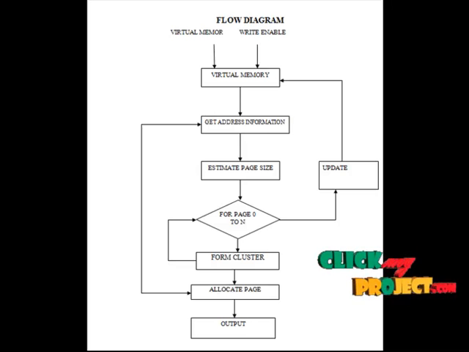Then according to the virtual addresses, it checks the virtual memories and updates for each and every instruction data. The updated files first get address information. After the virtual memory instruction, it gets the address information and estimates the page sizes. In the page sizes stage, it checks each and every location according to the page and arranges it in linked list position.